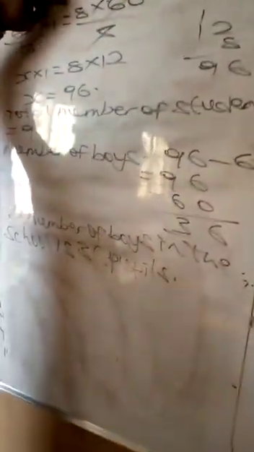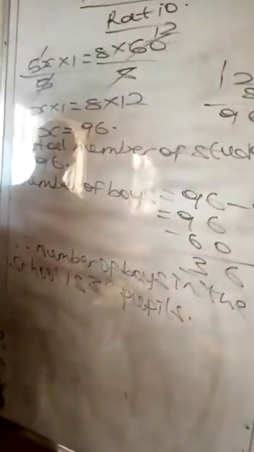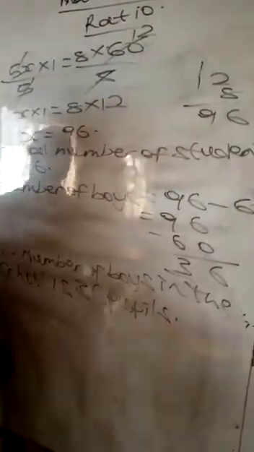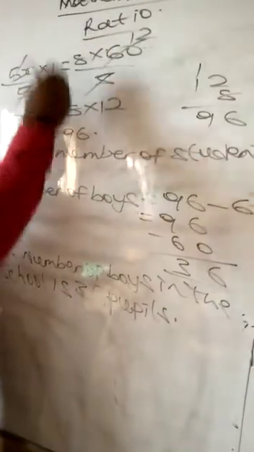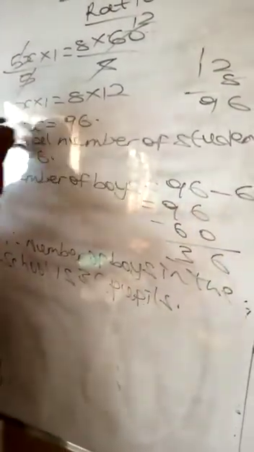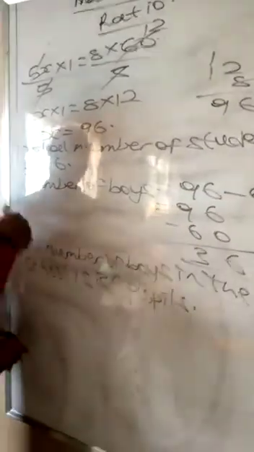Then you cross multiply, and we have 5x times 1 equal to 8 times 60. We divide by the coefficient of x, and 5 cancels out 5. We are having x. 5 into 60 gives us 12. 12 times 8 is 96. Since we now know the total number of pupils in the school, we can get the number of boys by subtracting the number of girls from it.